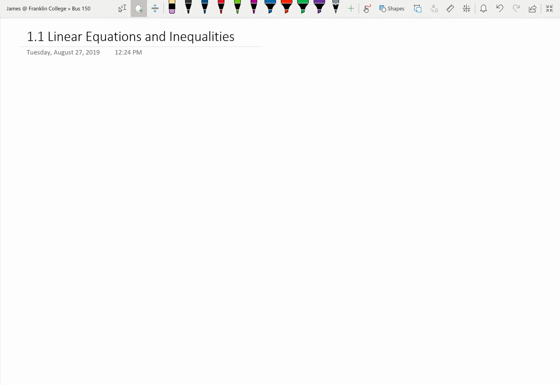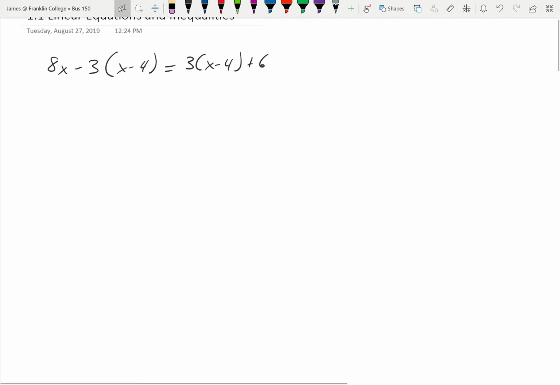Alright, so let's do our first example where we're going to talk about 8x minus 3 times (x minus 4) equals 3 times (x minus 4) plus 6, and we want to solve for x. The first thing we're going to do is distribute into the parentheses on the left-hand and on the right-hand side.